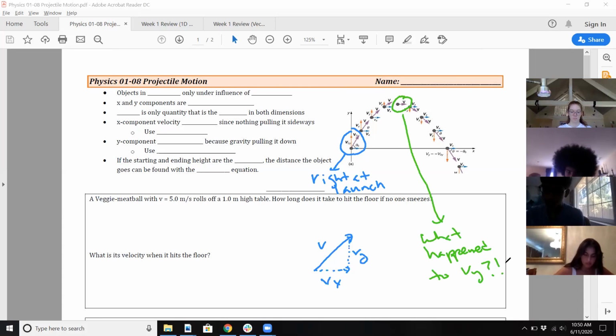What happened to Vy at the peak? It's 0. Why? Because now it's no longer going up, but it's not going down. Momentarily it's not experiencing any vertical motion.